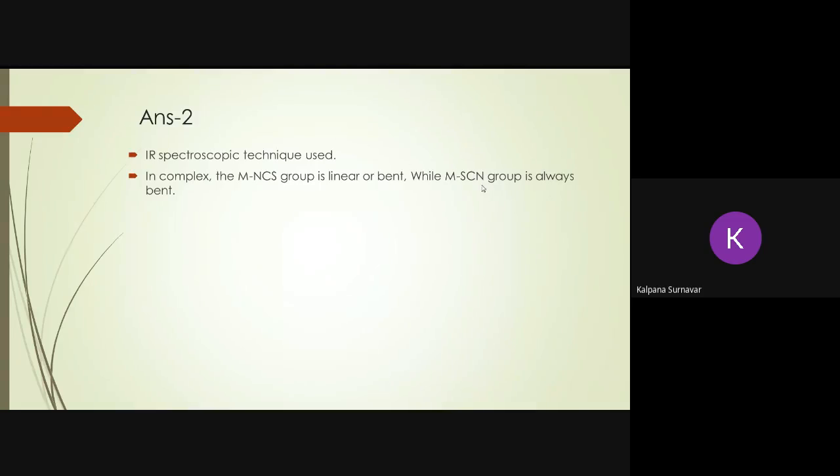But when the M-SCN forms a bond, or the SCN forms a bond with any metal, there is a structure formation, and this structure is always bent. That's why there is a difference in these two structures, which is observed in IR spectroscopy, because the IR stretching frequencies of the NCS group and the SCN group are different.